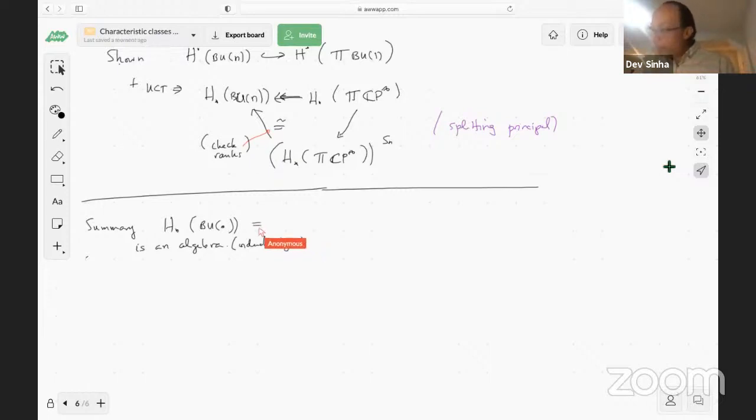But in this case, we get that this is isomorphic as an algebra to this polynomial algebra on the Bi's, where again, Bi is in H2i BU1, which will then map to H2i BU bullet.